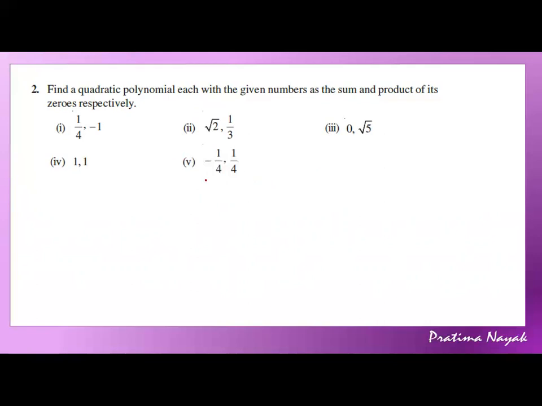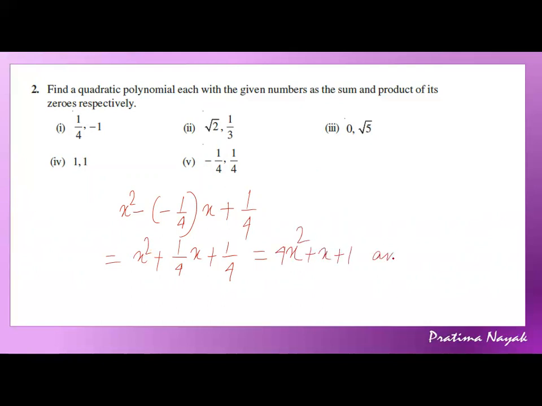Next, again I am getting a fraction. So x square minus sum, which is 1 by 4, into x plus product. But it will be plus 1 by 4x plus 1 by 4. So these will be very small questions, so you can write directly, skipping some steps. It will be 4x square plus x plus 1.